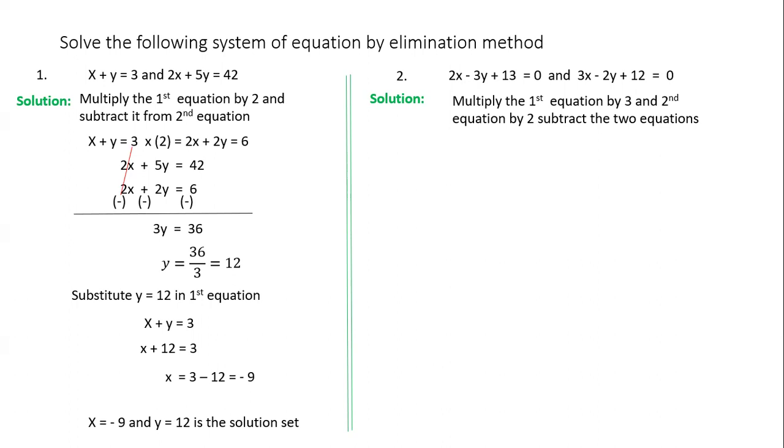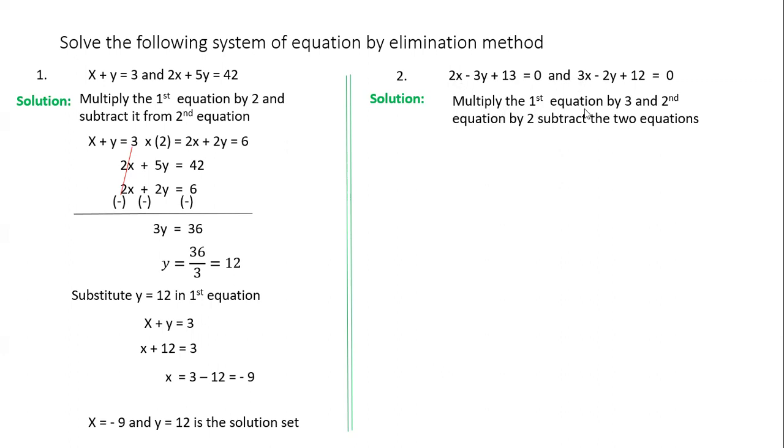I have decided to eliminate, say, x. If I want to eliminate x, this is 2, and here we have got 3. So if I multiply with 3, this will become the same, and this I should multiply with 2.